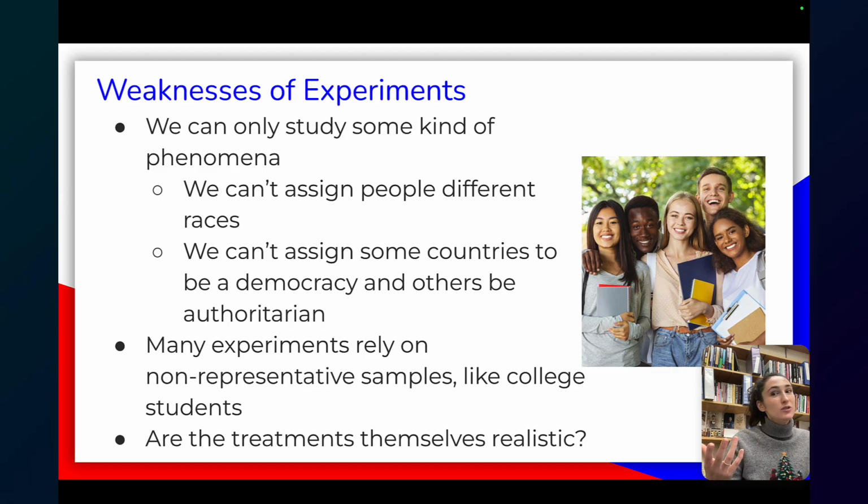And a real question here is, how representative are college students of the general population, right? If you're only asking people who are 18 to 22 their opinions on things, that might not hold for the entire population that is 22 and older. And then finally, are the treatments themselves realistic? Oftentimes the treatments are not necessarily realistic and the effects wouldn't necessarily hold in the real world.